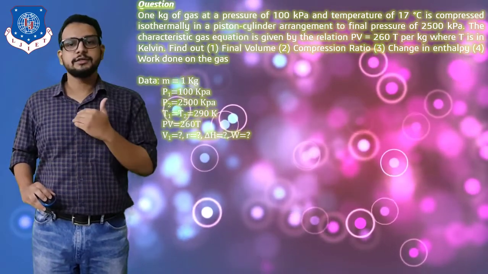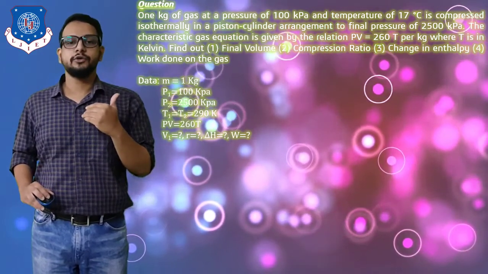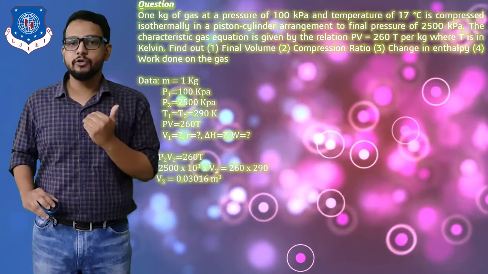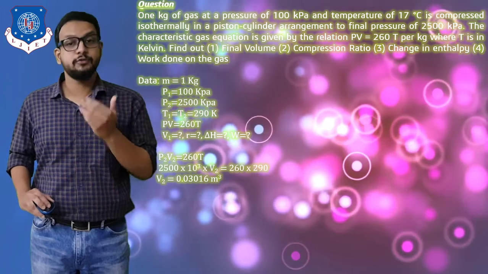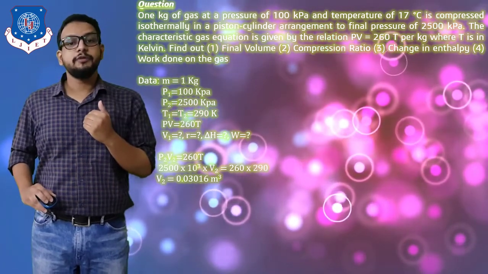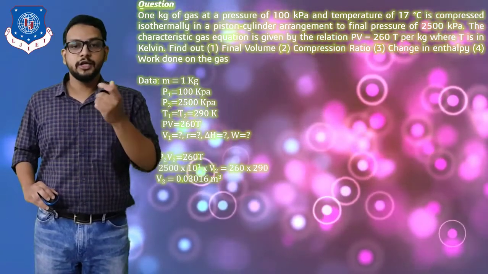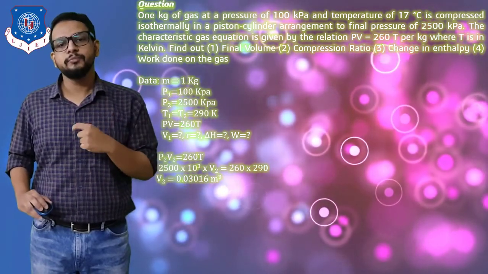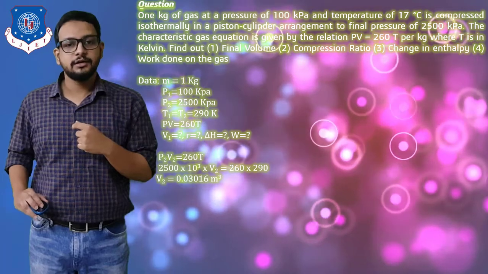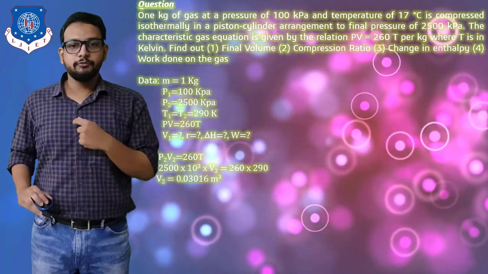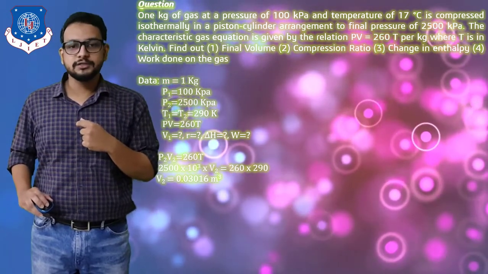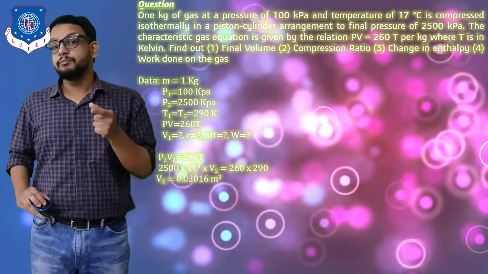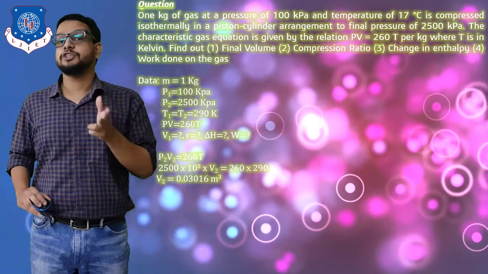So first let's determine the final volume, that is V2. For determining it, we are going to use our characteristic gas equation, PV = 260T. The equation with respect to final volume will become P2V2 = 260T. Now we know the value of P2, which is 2500 kilopascal, but since R is 260 joule per kg Kelvin, we need to take pressure in Pascal.